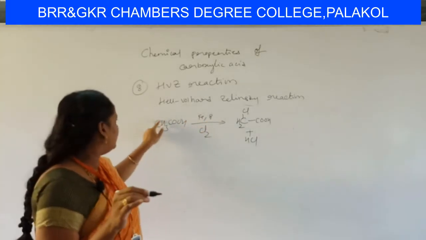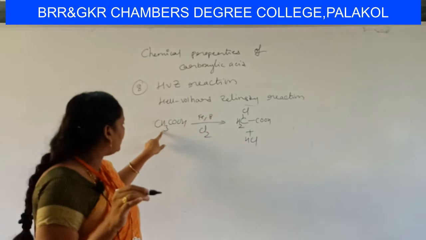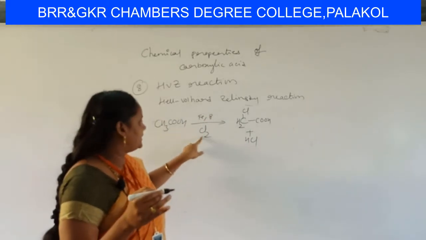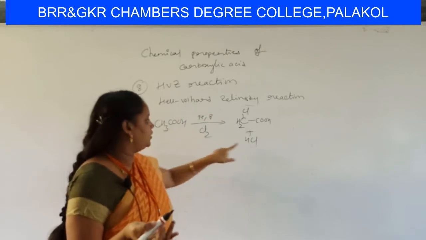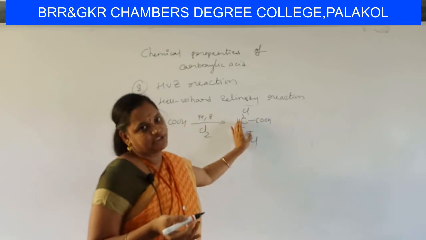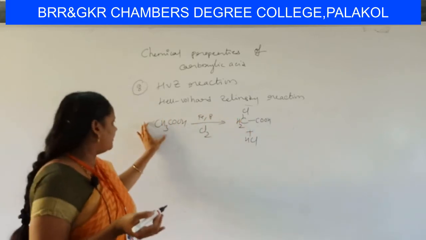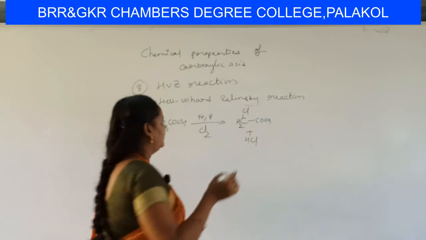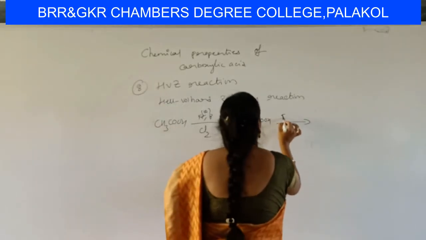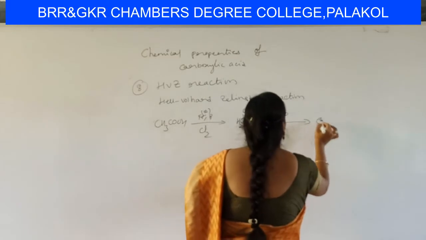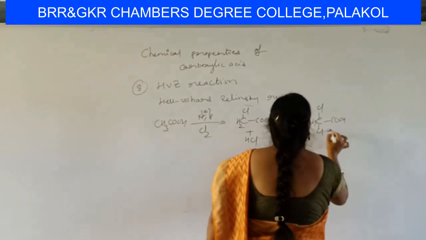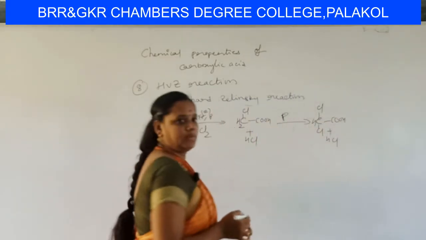The reaction proceeds further with phosphorus, and you will get CHCl2COOH plus HCl. Okay?